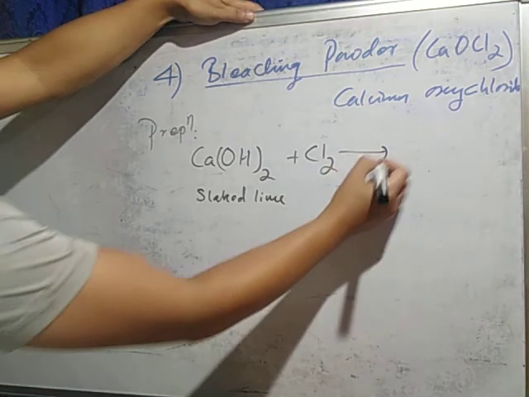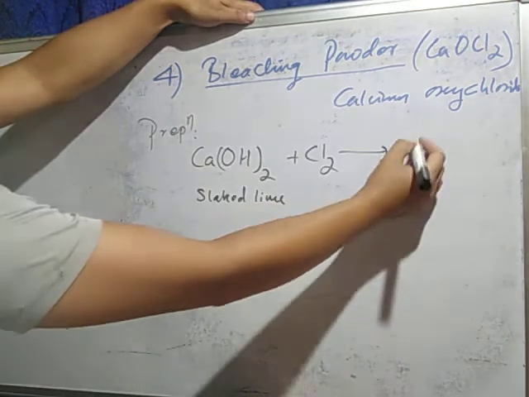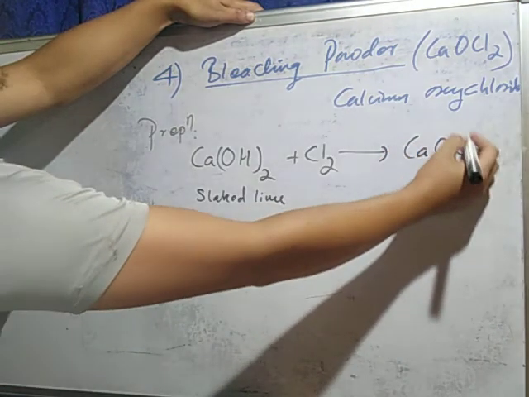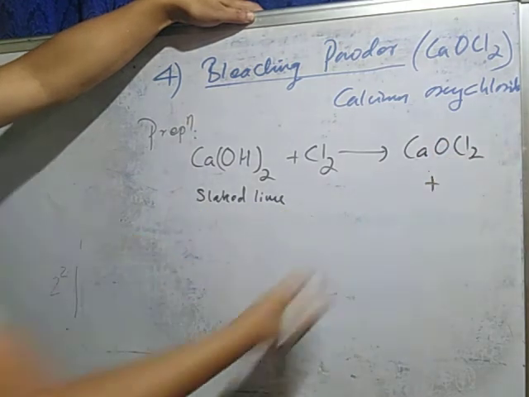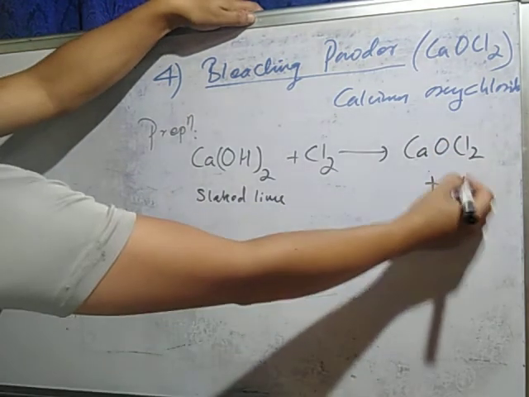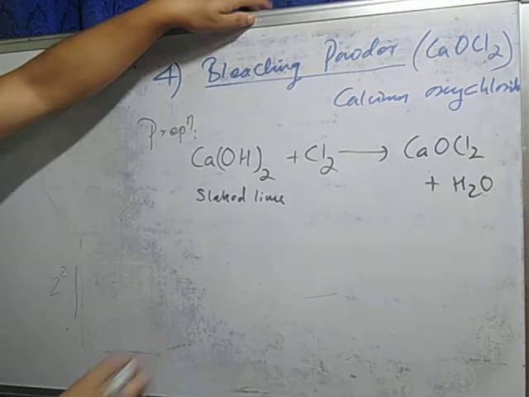So you will get calcium oxychloride plus water. This is how we prepare it in our lab.